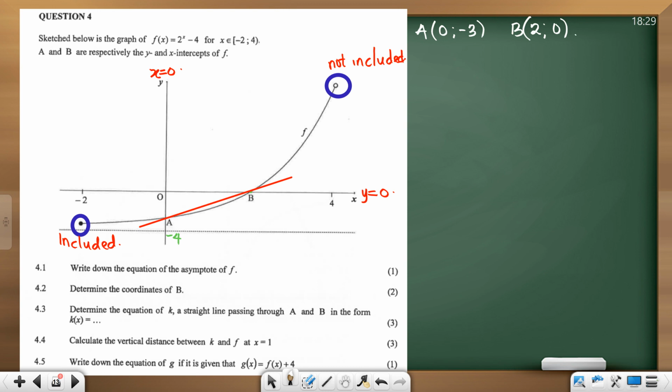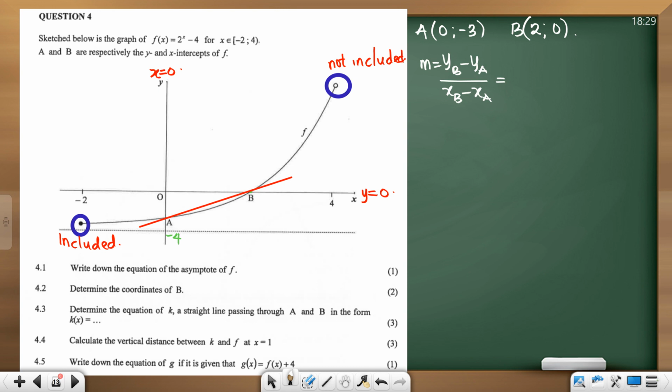How do we get the equation of a line? Guys, you cannot go through maths without knowing the equation of a line. It's disastrous. It's you committing math suicide. Find the gradient: yB minus yA over xB minus xA.